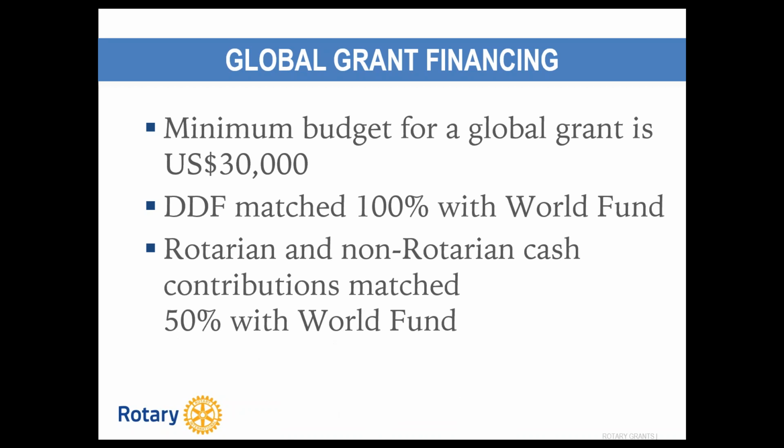Rotarian cash contributions, outright gifts from Rotarians, or funds from Rotarian-led fundraisers, are matched 50 cents to the dollar by the Foundation, and non-Rotarian cash contributions, donations from other organizations, businesses, or people, are also matched 50 cents to the dollar by the Foundation.